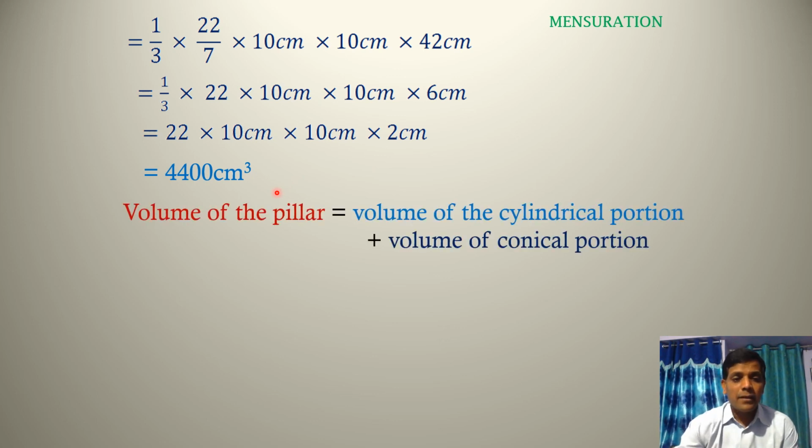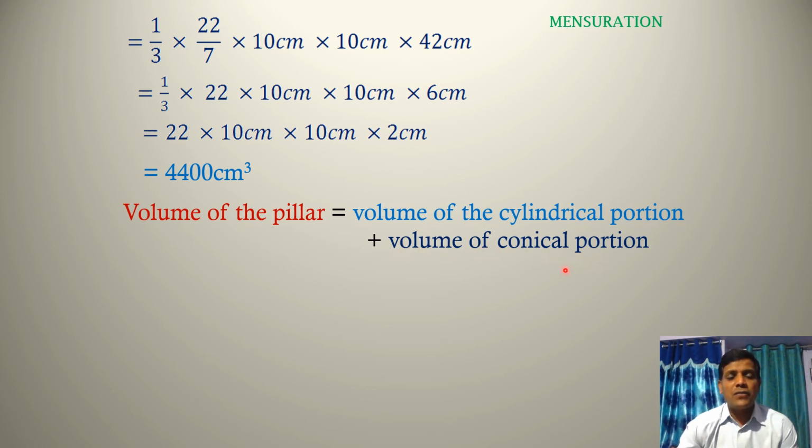Next step, volume of the pillar. Volume of the pillar is equal to volume of the cylindrical portion plus volume of the conical portion.